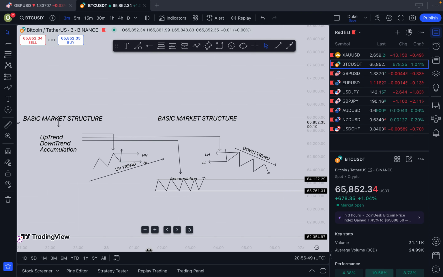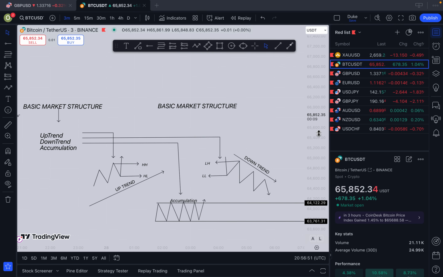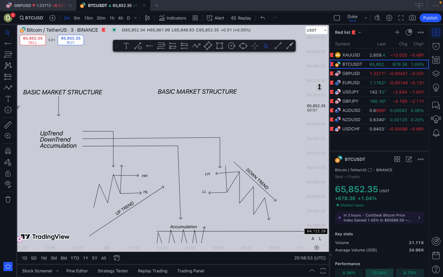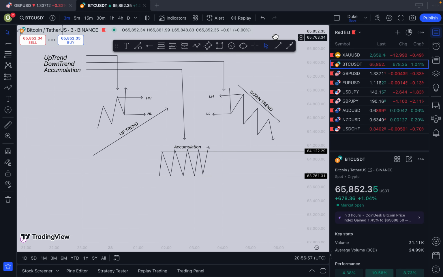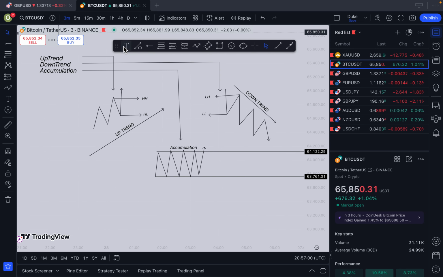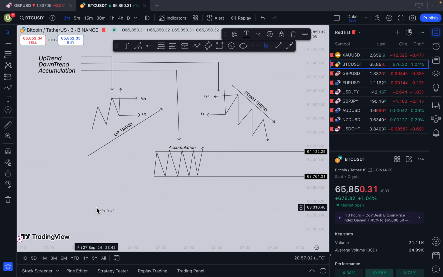Then assignment. Your assignment will be, go to your AUD USD.